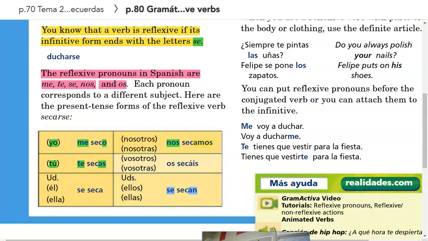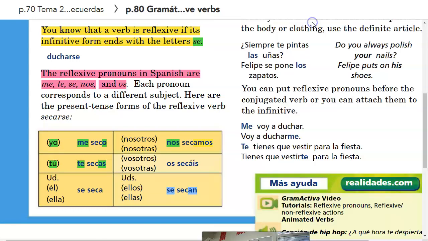Ducharse, cepillarse los dientes, lavarse la cara, vestirse, ¿cierto? So whether you use the yo form or the nosotros form, don't forget about those reflexive pronouns that come at the beginning, right? Reflexive pronouns in Spanish: me, te, se, nos, and se.